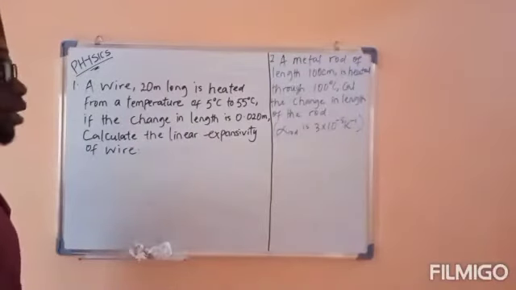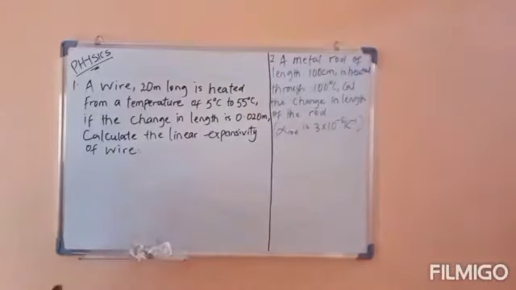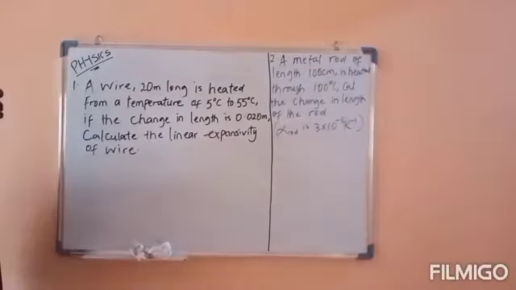So let's get started. The first question here is, a wire 20 meter long is heated from a temperature of 5 degrees Celsius to 55 degrees Celsius. If the change in length is 0.020 meter, calculate the linear expansivity of the wire.